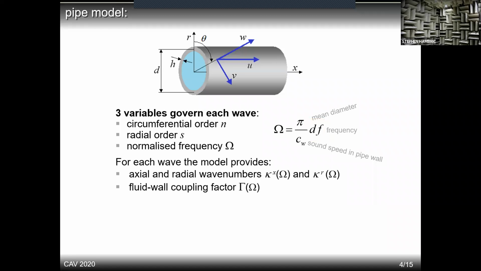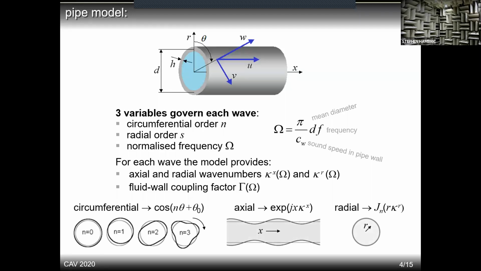The wave numbers are extremely useful, as these provide the spatial distribution of quantities we measure and analyze. The fluid-wall coupling is also useful because we can infer what is taking place in the fluid by looking at the wall vibration.